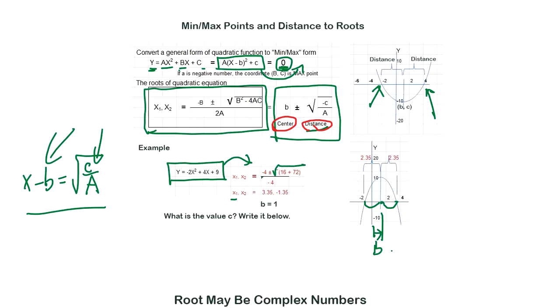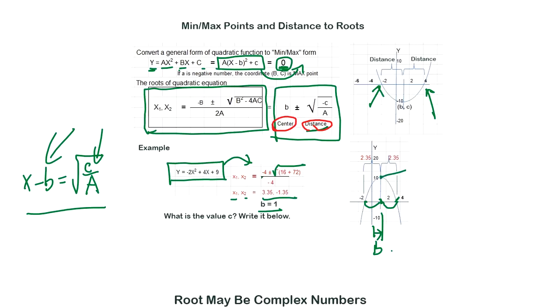And it's roughly 3.35 and minus 1.35, and the center is B. So the graph is going to be 1 here, and here minus 1.35, 3.35, and the curve is going to be like that.